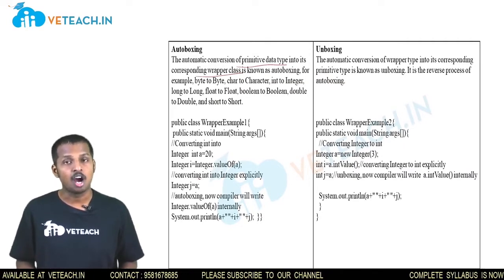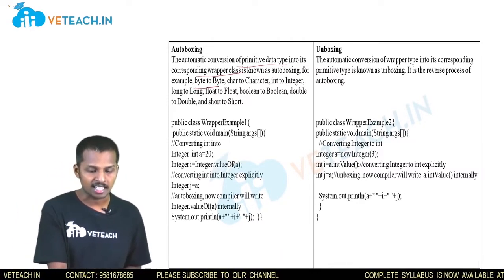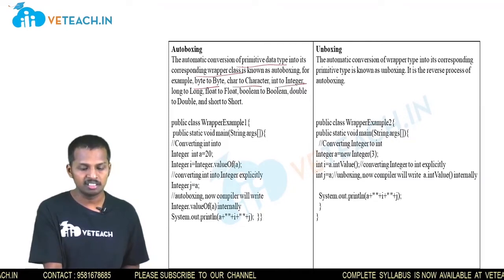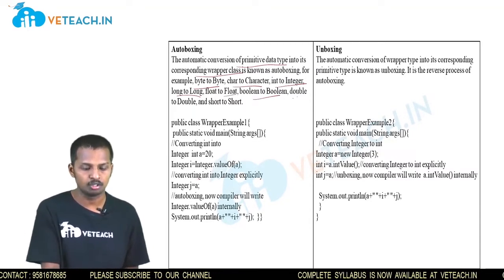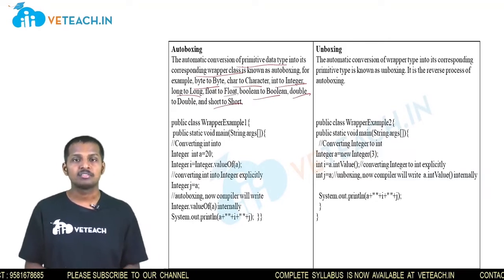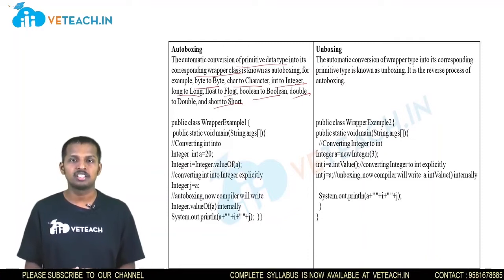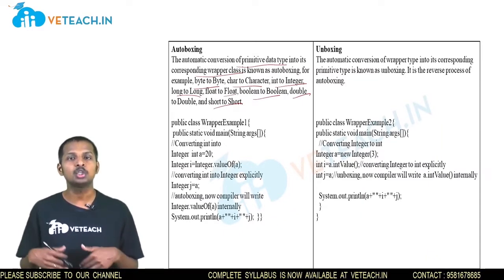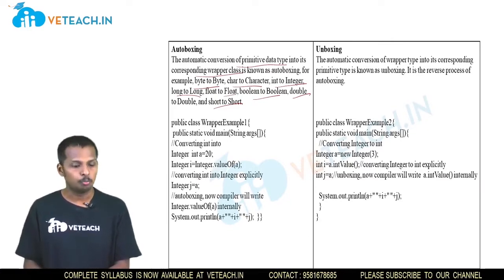For example, byte to Byte, char to Character, int to Integer, long to Long, float to Float, boolean to Boolean, double to Double, and short to Short. If this is done, we call it auto boxing. Here we are converting a data type into an object, that is, a wrapper class. That's why it is known as auto boxing.